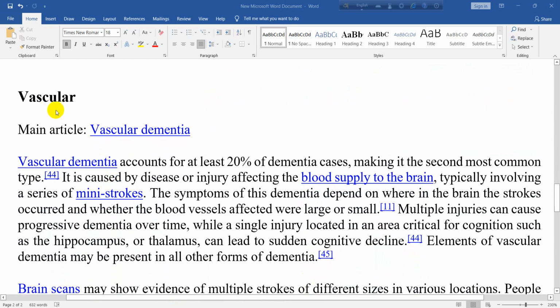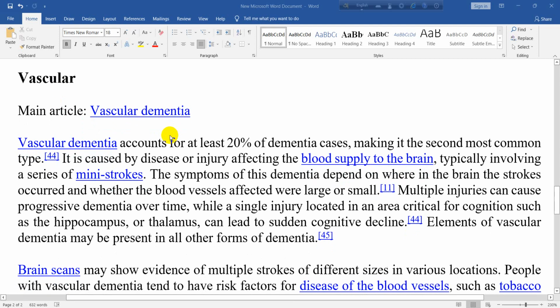Now, vascular dementia. This is one of the subtypes of dementia. Vascular dementia accounts for at least 20% of dementia cases, making it the second most common type. It is caused by disease or injury affecting the blood supply to the brain, typically involving a series of mini strokes.